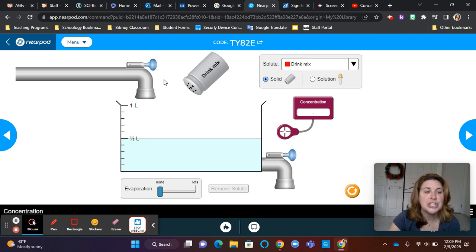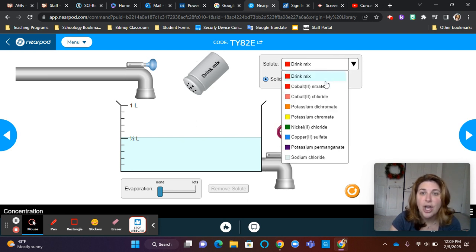Some of the ways you can change this is you can add water. When you add water, water pours in, or you can get rid of water, and water comes out. That just changes the amount of water. You can add drink mix.